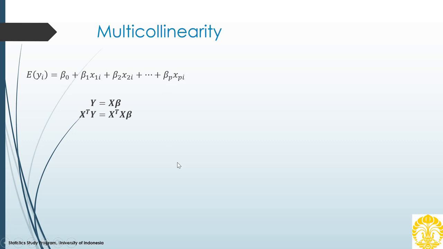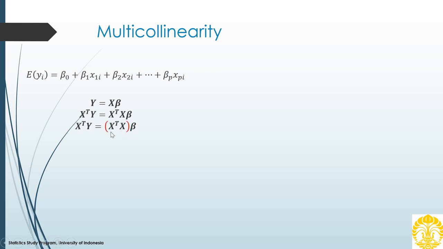So we can't just use x to get the beta. We need to make it a square matrix first, and thus we multiply by the transpose on the left, and do the same thing for the left-hand side. So we have x transpose y equals x transpose x multiplied by beta.